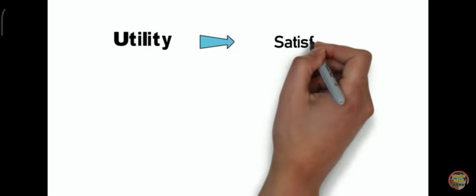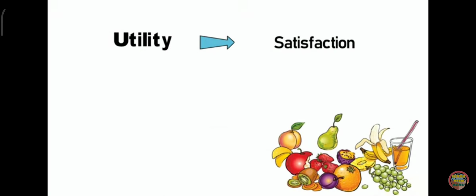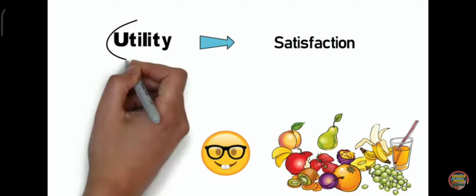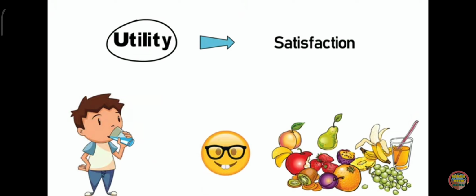Now what is the meaning of utility? Utility means satisfaction. When you consume any food or any fruit or anything, and that gives you satisfaction, that is known as utility. So utility is nothing but getting satisfaction after consuming a particular commodity. Say, for example, you are feeling very thirsty. Here is one boy who is feeling very thirsty.